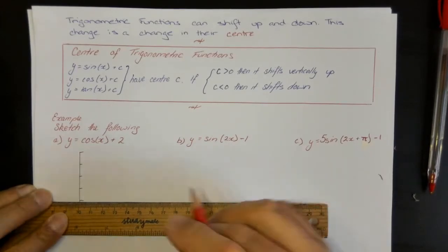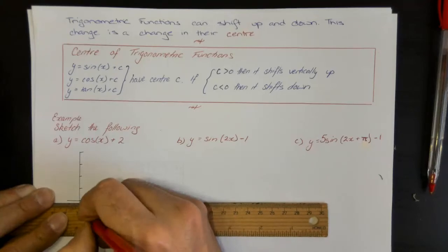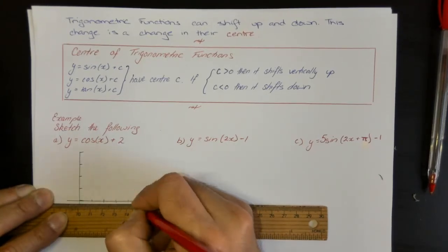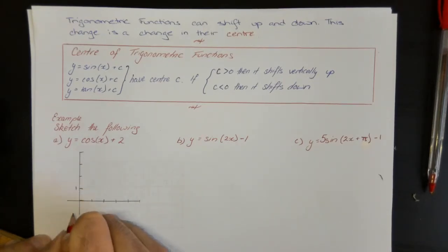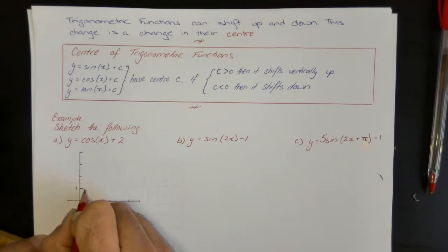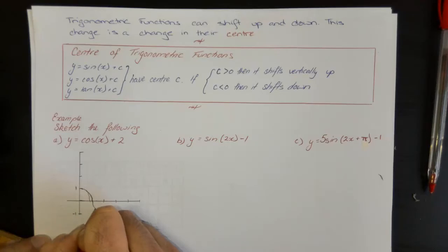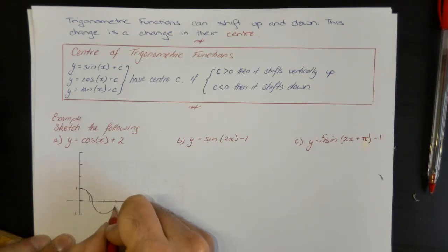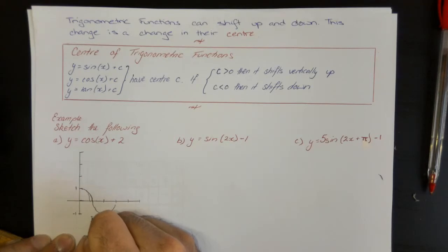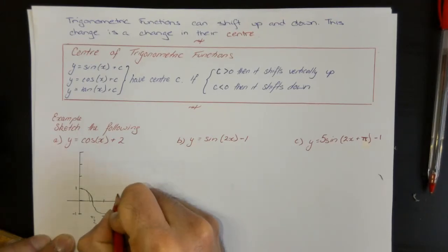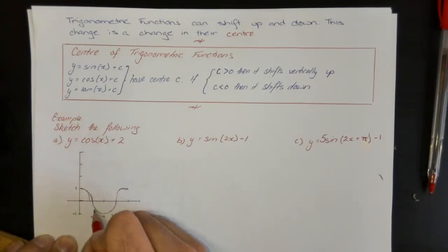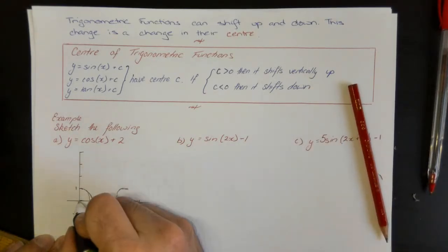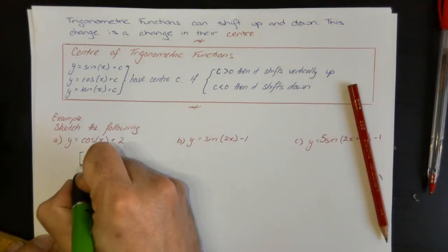Okay, so normally cos, if that was 1 and this was negative 1, if cos was that, this translates it 2 units up the vertical, so 2 units up, so 1, 2.